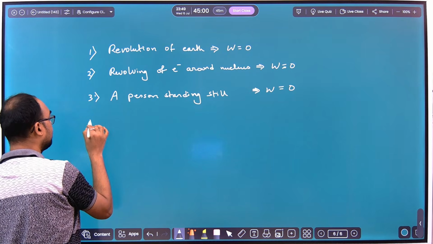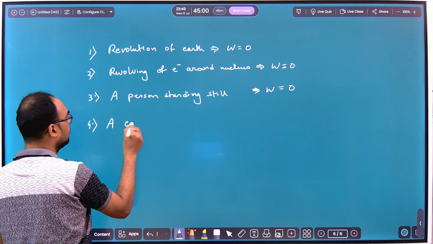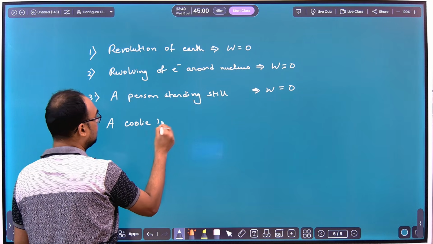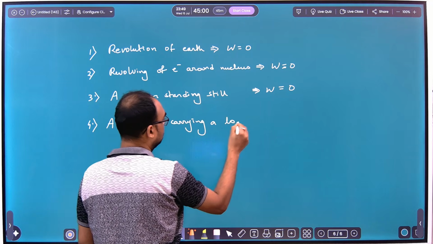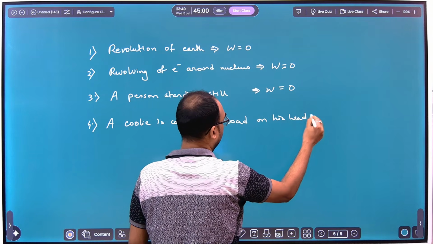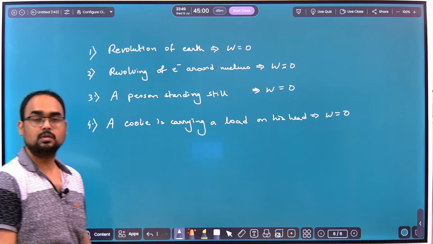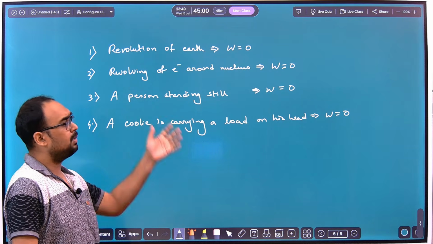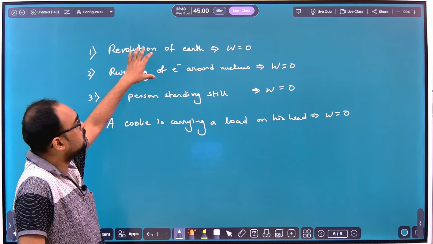And another type of question mainly asked in boards is that a coolie is carrying a load on his head, work done 0. So there are multiple cases where the work done is 0. In the first two cases the work done is 0.